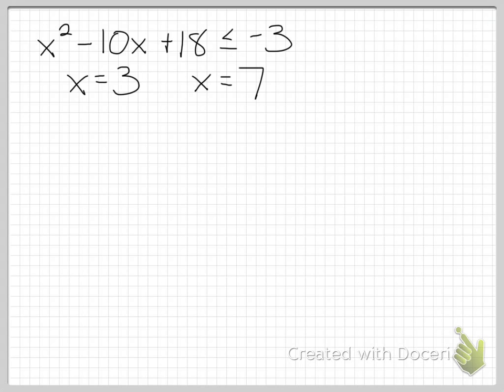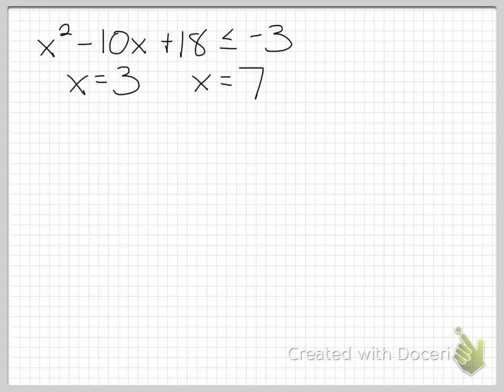Yes, that is where it crosses the x-axis, but I'm not looking for where it crosses the x-axis. I want to know all the possible values of x that will make x squared minus 10x plus 18 less than or equal to negative 3. So I want to know all of the possible x values, not just where it crosses the x-axis.